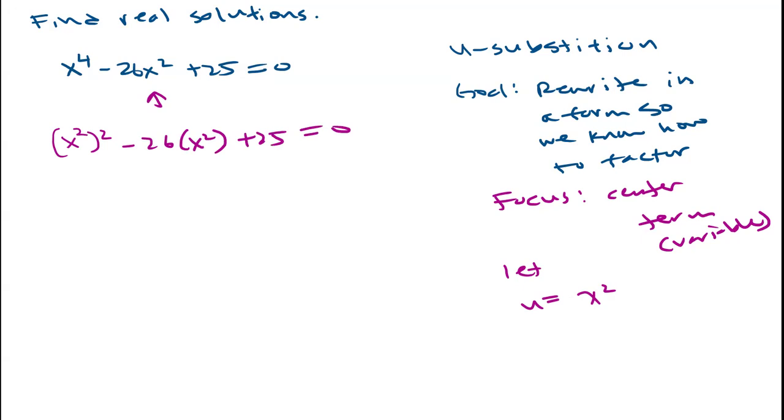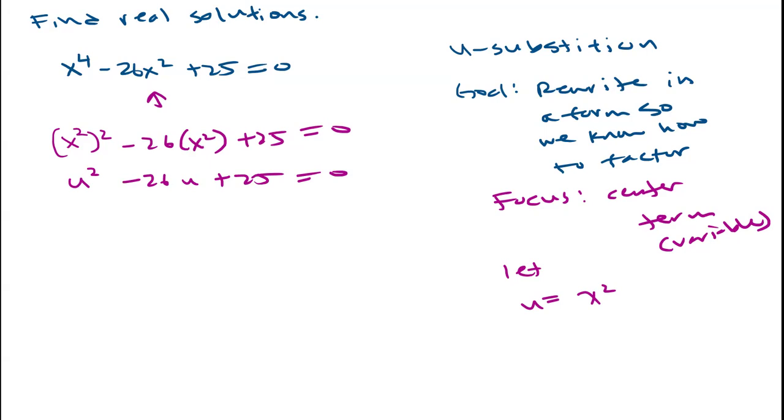So I want to rewrite it in a way that I can substitute that x squared. Now I have everything in terms of x squared, so I can just substitute u. x squared now is just u, so we have u squared minus 26u plus 25. Now I can factor this. This is something I know how to factor.